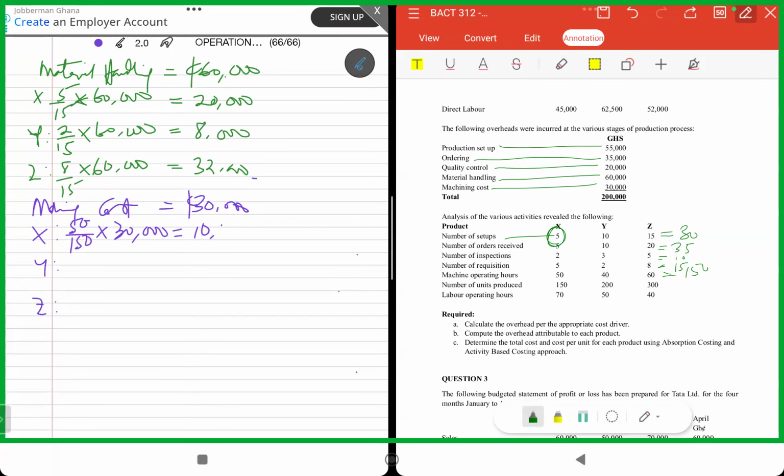40 over 150 times 30,000 equals 8,000. It's not thousand, it's thousand. Next. 60 over 150 times 30,000 equals 12,000.